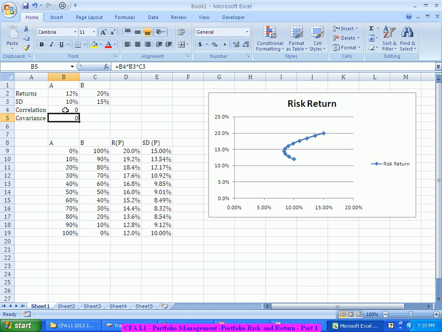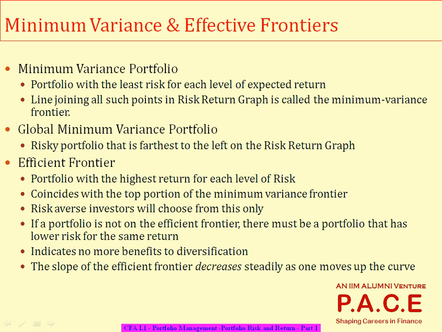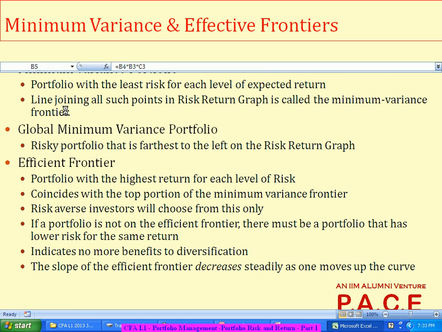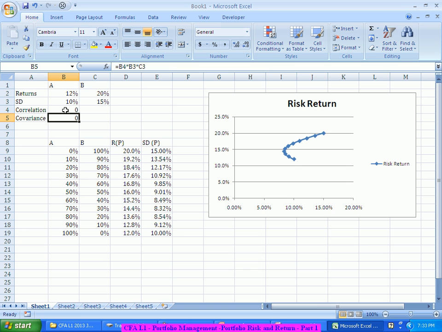This particular curve is what is called the minimum variance portfolio curve, which means a guy who wants 15% return, the minimum risk he has to take is probably around 8.49%. The guy who wants 17% return may have to take a risk of 9.85%.